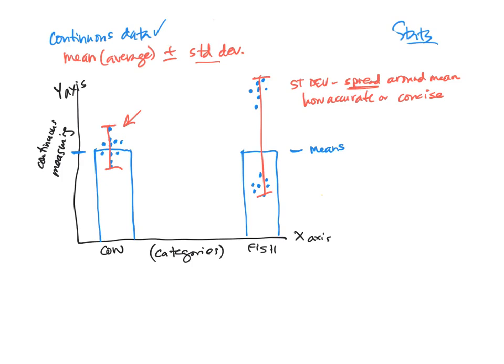Now, if we're going to compare only cow and fish, it's reasonable to use a t-test. This t-test will give us a p-value. A p-value that's less than 0.05 usually means that the two things we're measuring are significantly different.